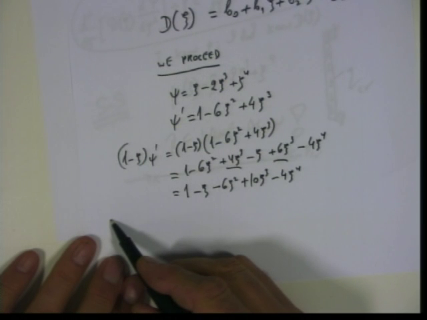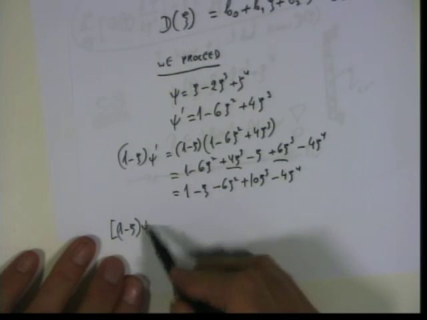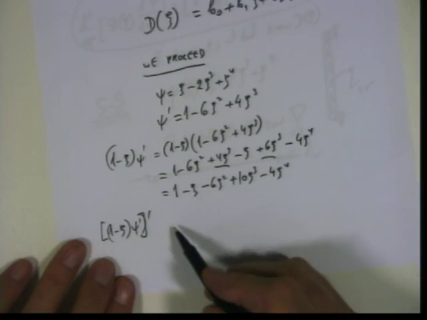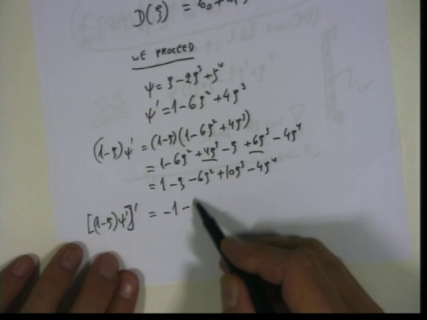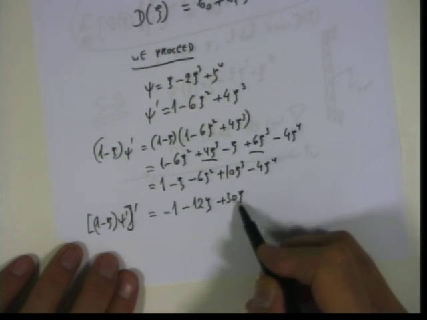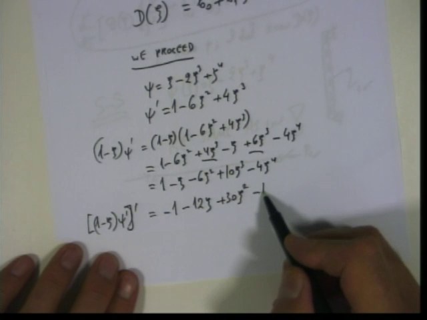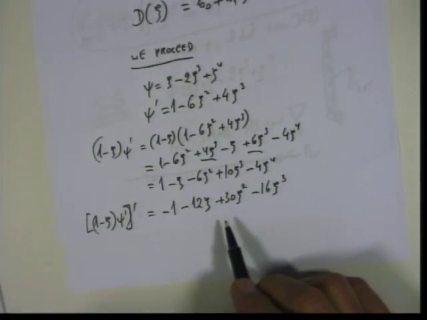Then I have the first derivative of 1 minus psi times psi prime. This gives me 0, this gives me 1, minus 12 psi plus 30 psi squared minus 16 psi cubed. I hope I did not make a mistake here.